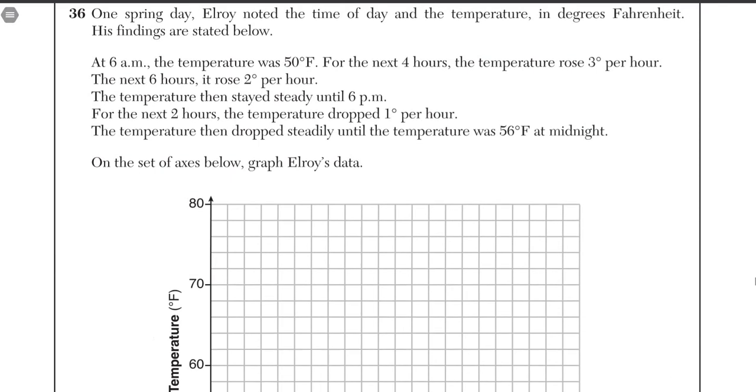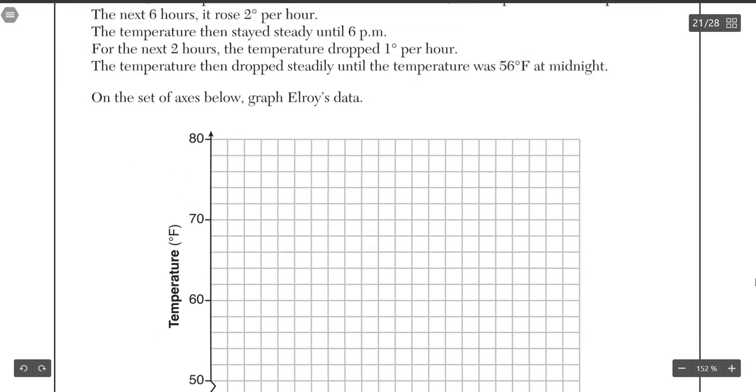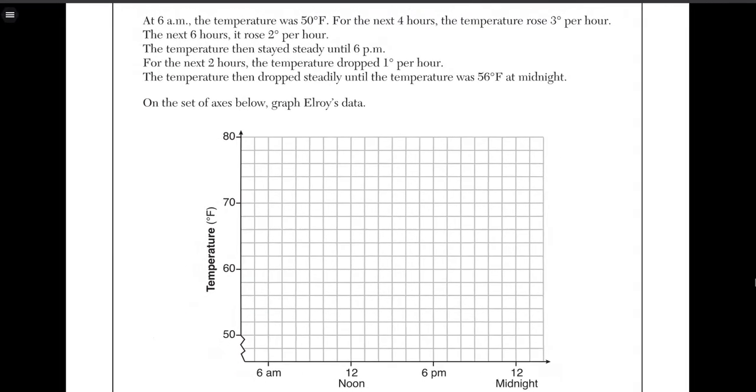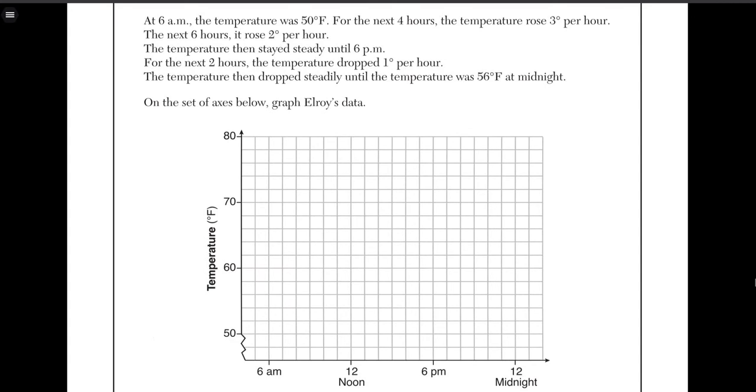So at 6 a.m. it was 50 degrees. So let's mark that down. At 6 a.m., maybe we should make this a drop smaller so we don't have to keep scrolling up and down. At 6 a.m. it was 50 degrees. So let's plot there. For the next 6 hours, it rose 2 degrees per hour.